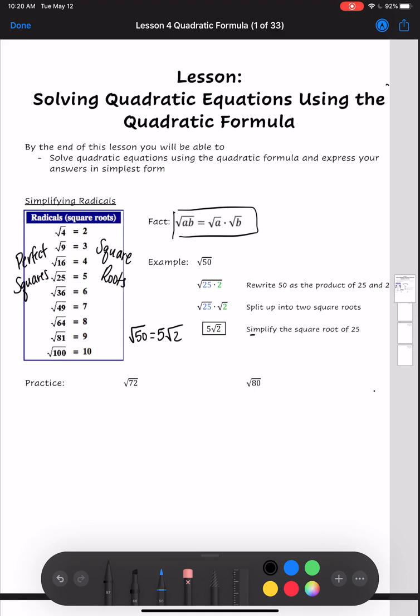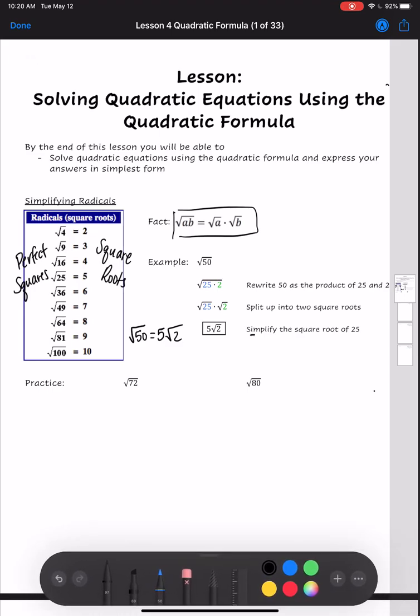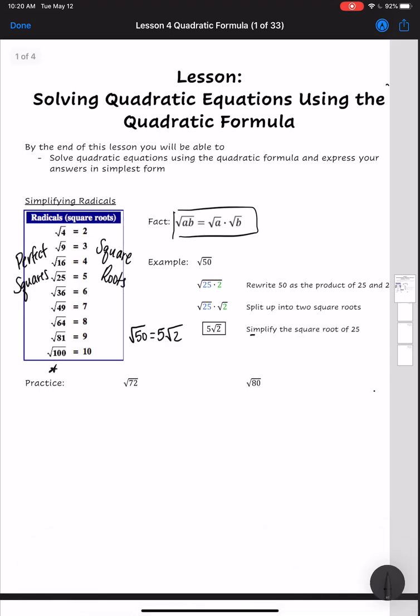All right, so now what am I talking about with this largest perfect square and all of that? If you take a look at radical 72, we want to split this up strategically. We're not just going to pick any two factors. Our goal is to find the largest perfect square that divides into, or that goes into, the number.